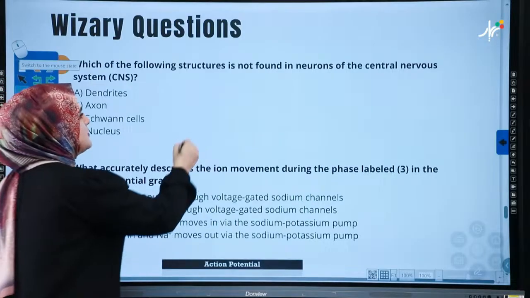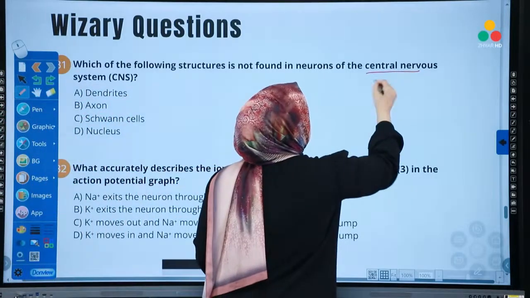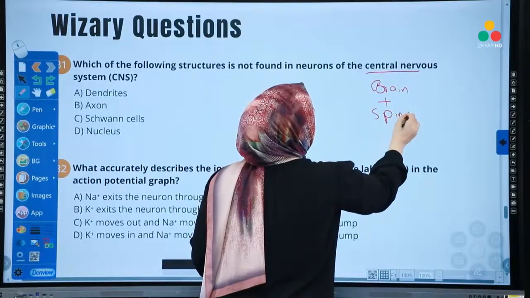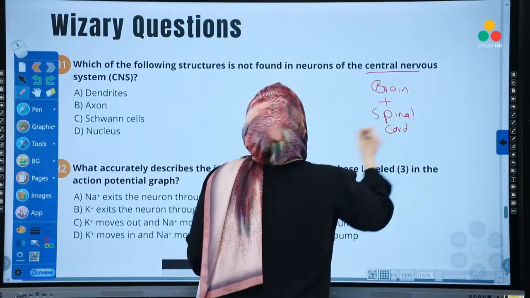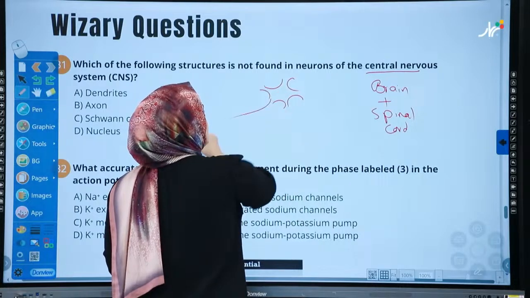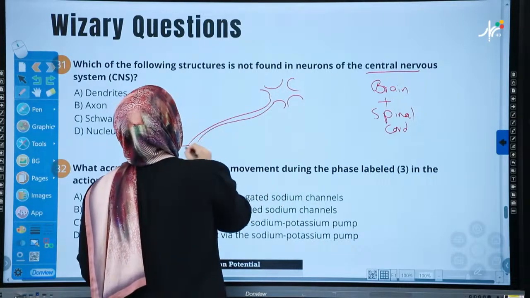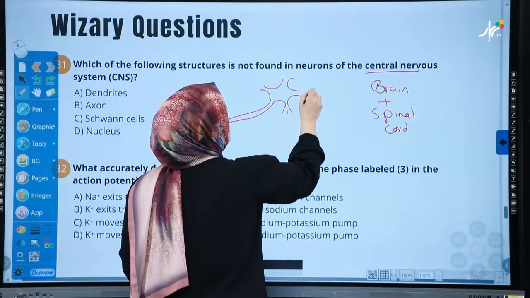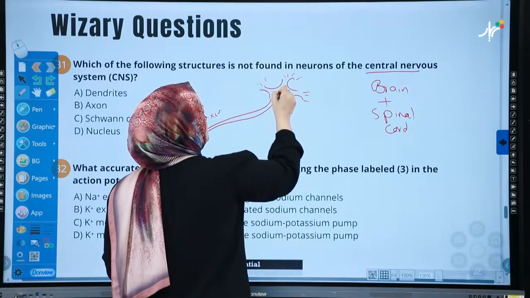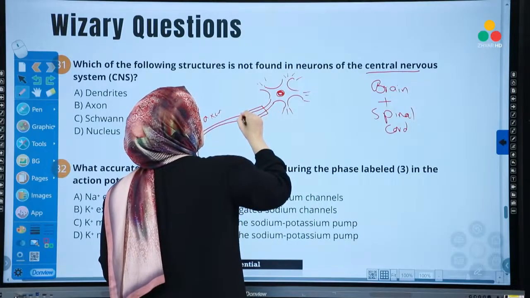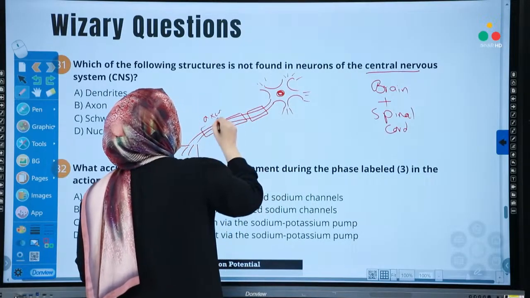Central nervous system means brain plus spinal cord. Now, we have neurons like this, typical neurons. This is the axon. These are dendrites. There are many and they're shorter. This is the nucleus in the soma. And these are myelin sheath.